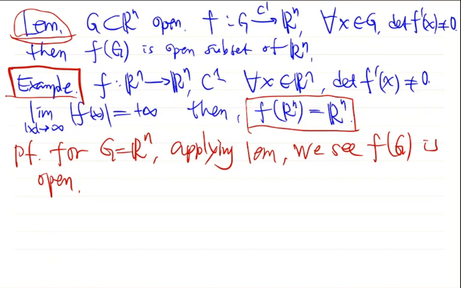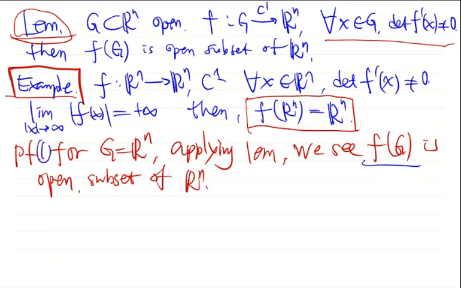The assumption is C1 and the Jacobian determinant is nowhere 0. This is our assumption for our map. So applying the lemma, we see that the image is an open subset of Rn. Okay, so this is the first observation.